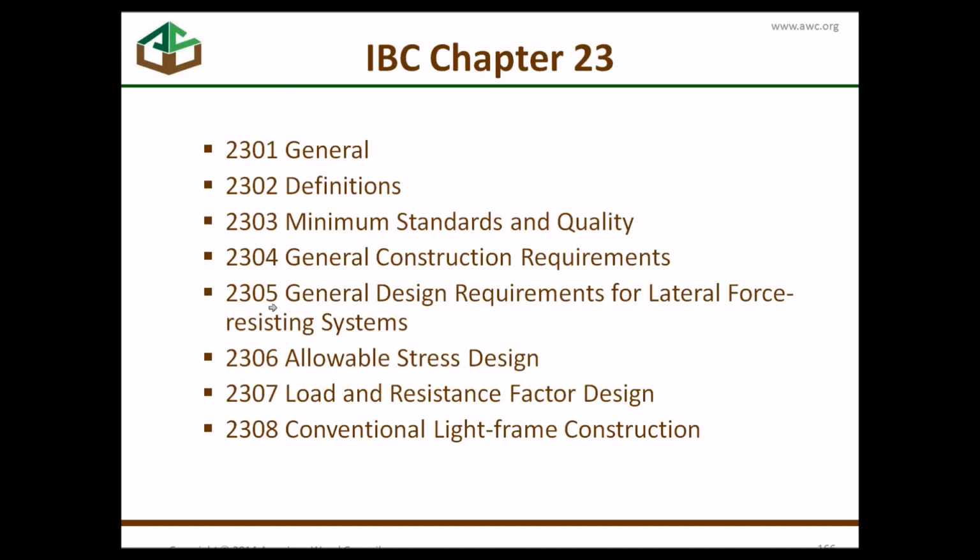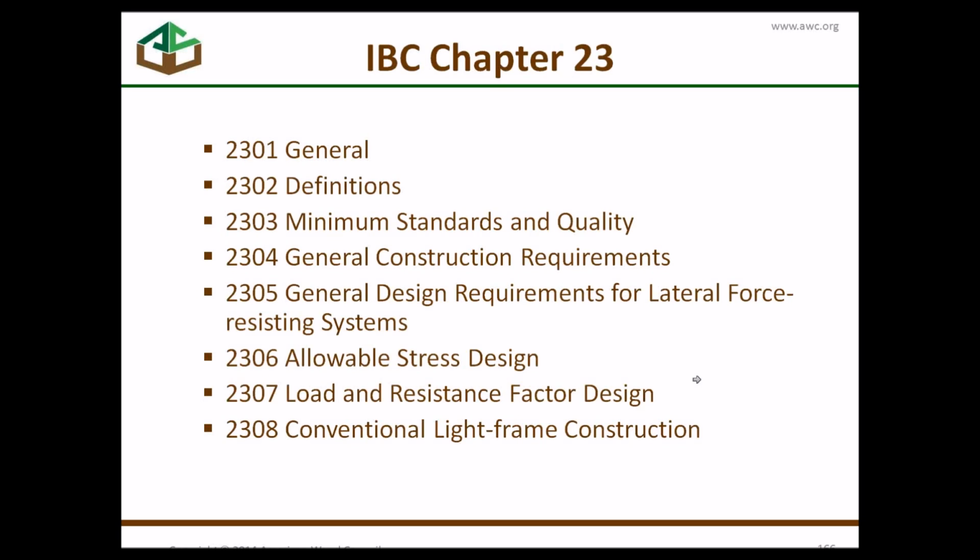It sends you right down here, and it says all wood buildings have to be designed with one of these alternatives: allowable stress design, load and resistance factor design, and so forth. That's where the NDS comes in, of course. That's the main design standard for all loads, gravity and lateral, for all the major elements in a wood building.